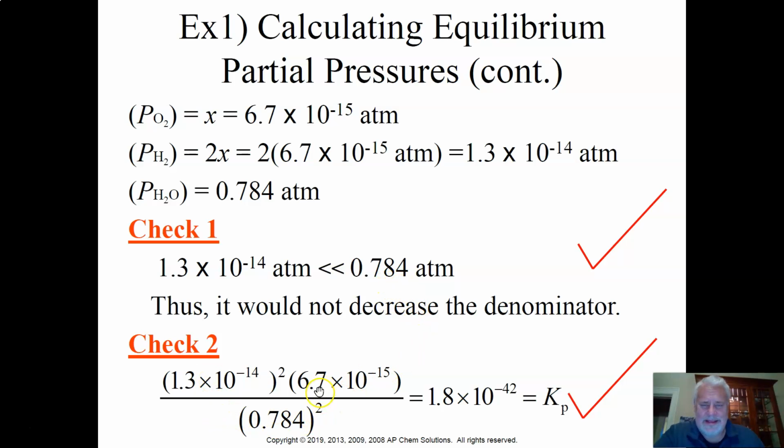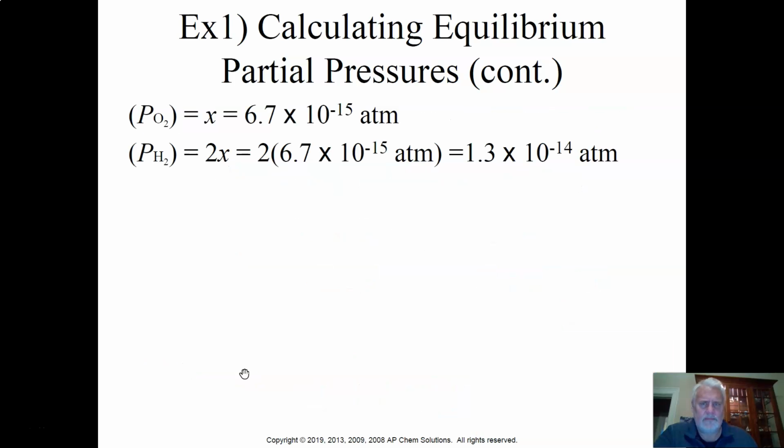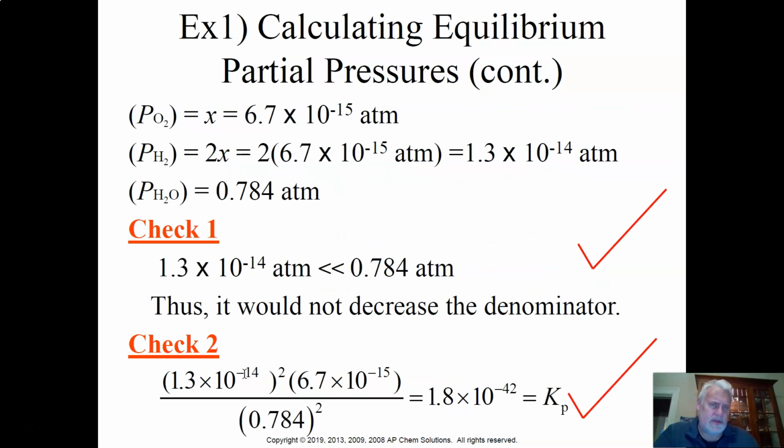And then this roughly should equal our value. Now notice this is 1.8 times 10 to the minus 42nd. Well, we did some pretty serious rounding there to 2 sig figs, and that is definitely in the ballpark there. Okay, so those are 2 little check things you can do at the end, just to make sure that you stayed on the right track when you're doing a problem like this.